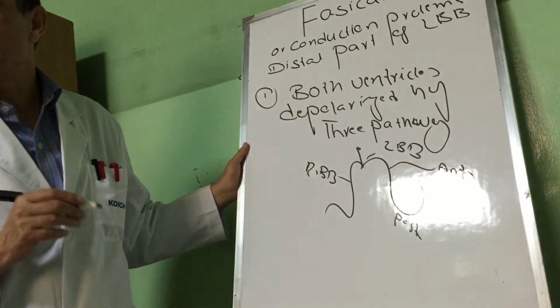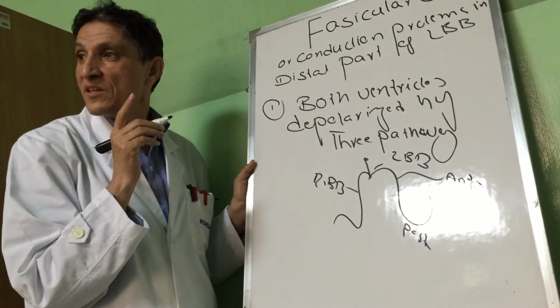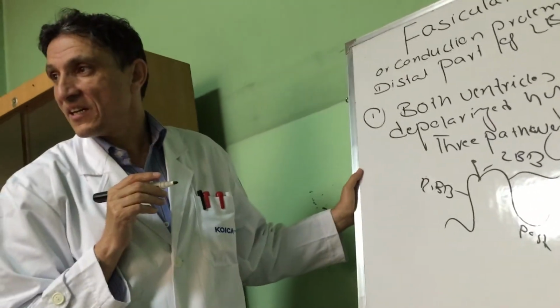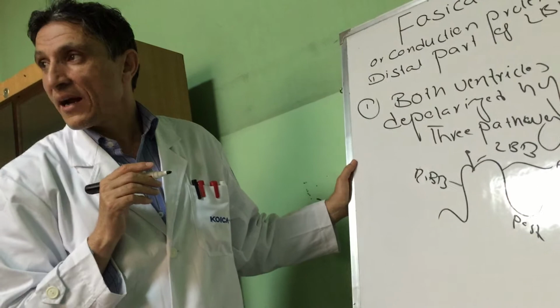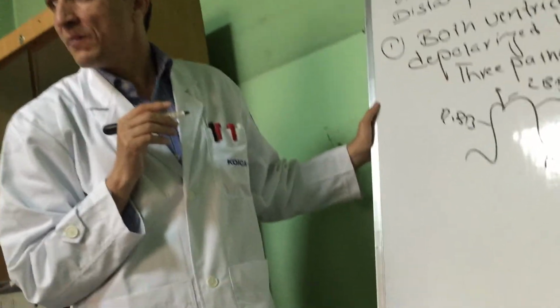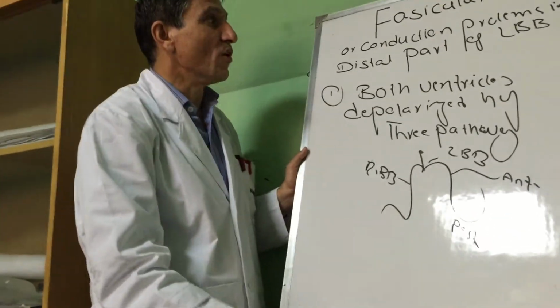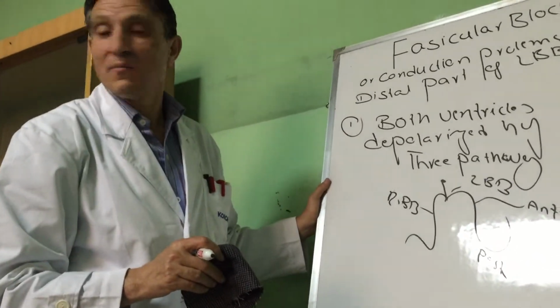These three pathways depolarize both ventricles. This is the first principle when you want to learn more about the fascicular block.